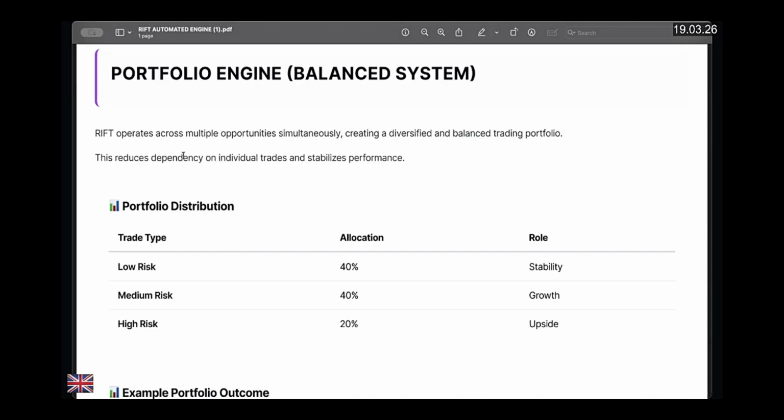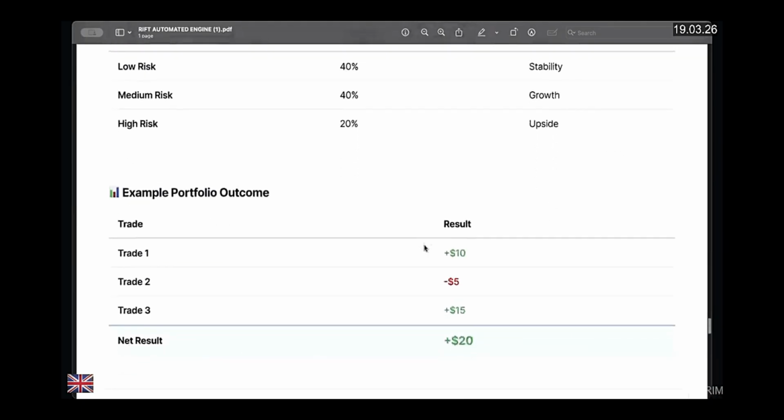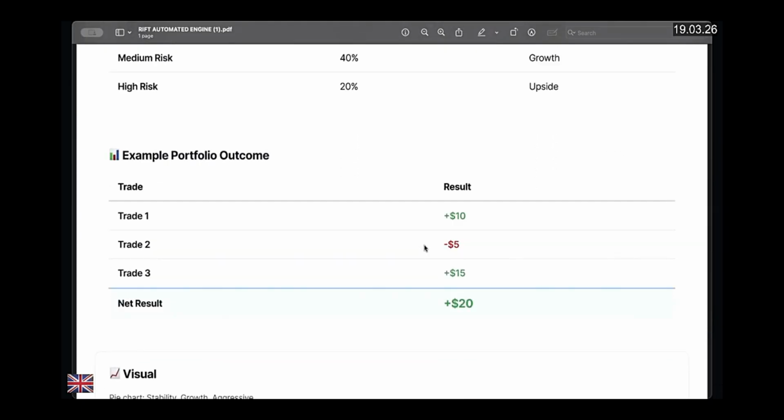This is where the subscription part, or the variation of the subscription system, enters. There are different portfolio distribution methods on which this auto trading engine works: at low risk, at medium risk, at high risk. There is stability, growth, and upside in the different kinds of engines that you go for.